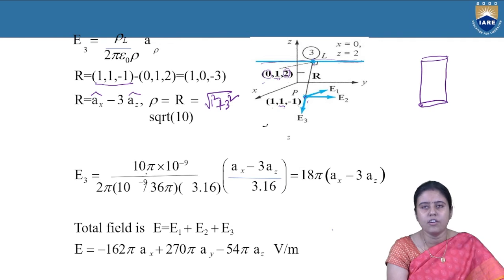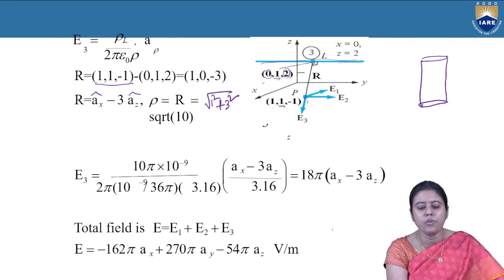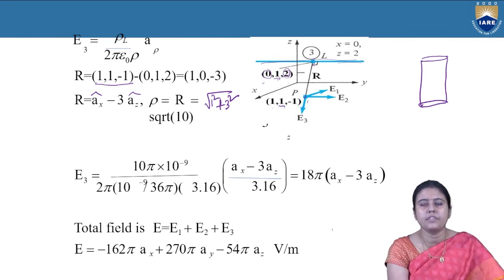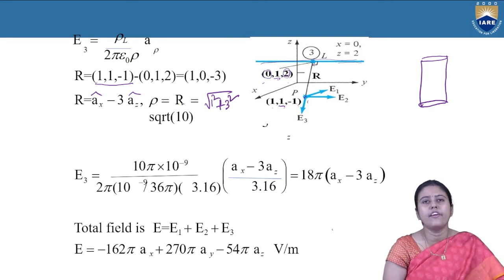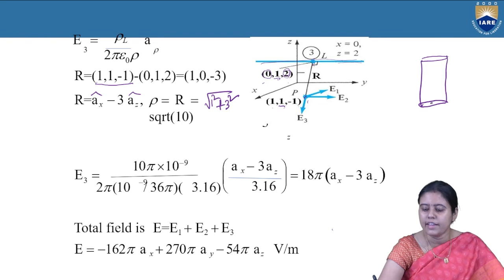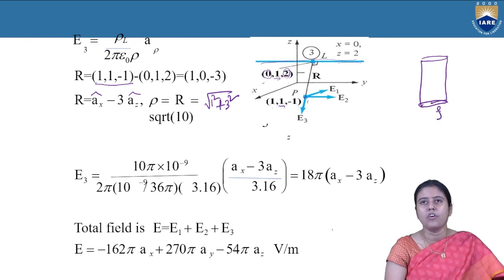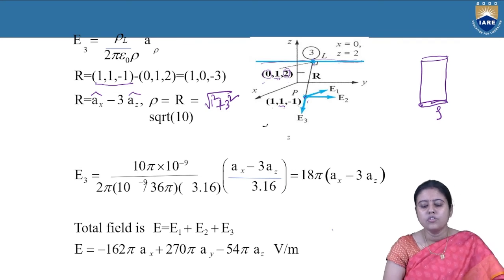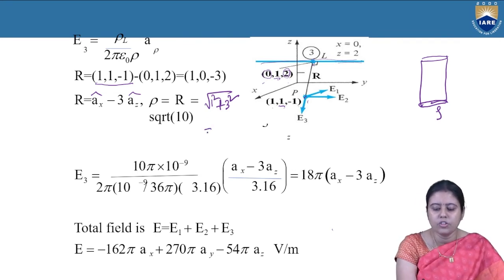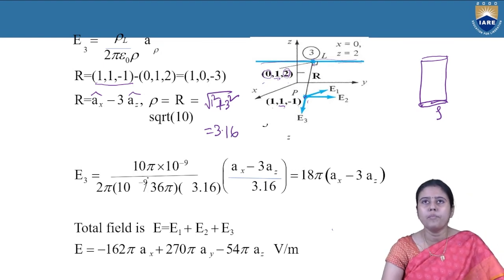E3 is equal to, what is the formula? Rho L by 2 pi epsilon 0 into rho. What is rho? Rho is nothing but the radius of the cylinder. So what is the value of rho? Rho value is square root of 10 is equal to 3.16.